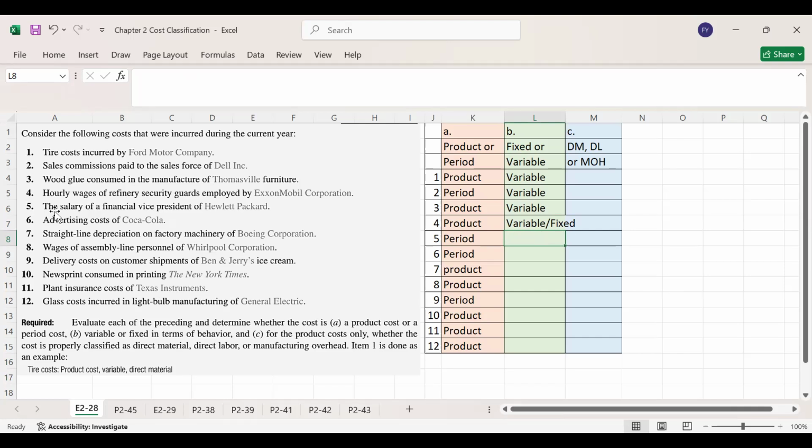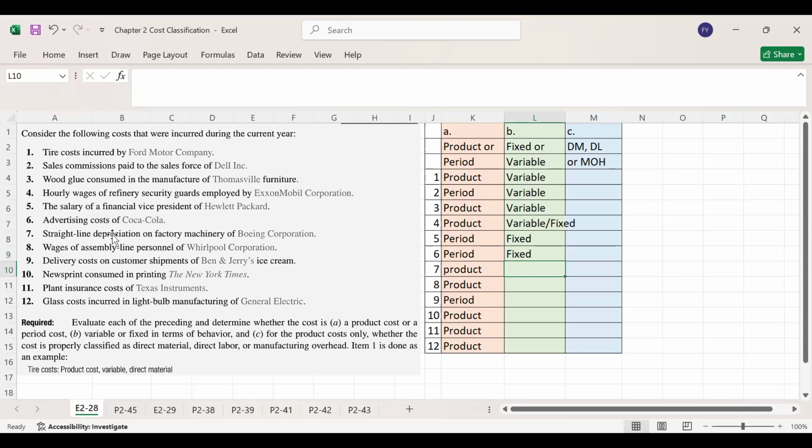In the next example, the salary of a financial VP. This is always a fixed cost, because the salary of a financial vice president is never based on the number of units produced or sold. Then we have the next example, advertising cost. Advertising cost is also generally a fixed, monthly cost.